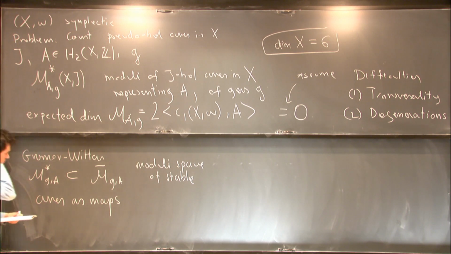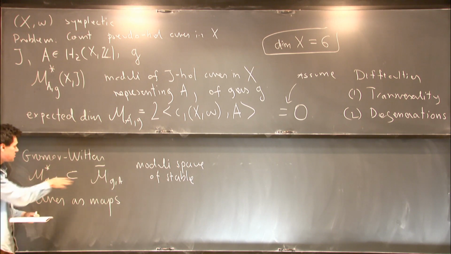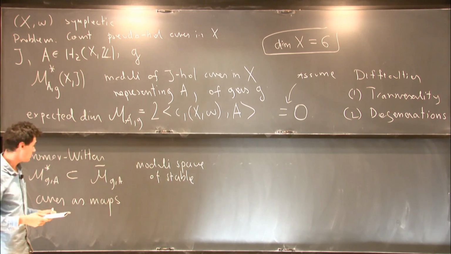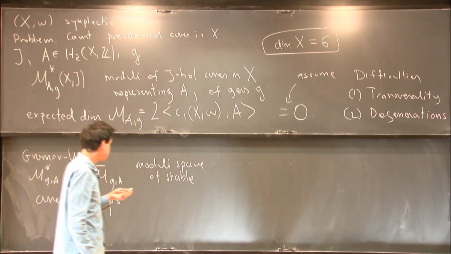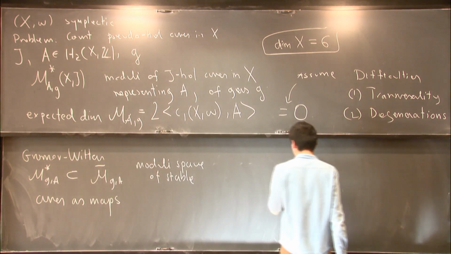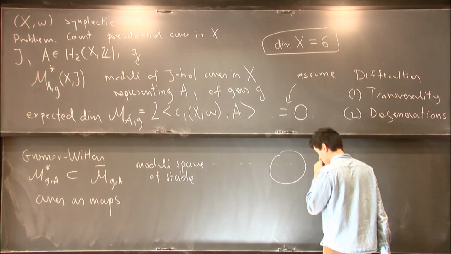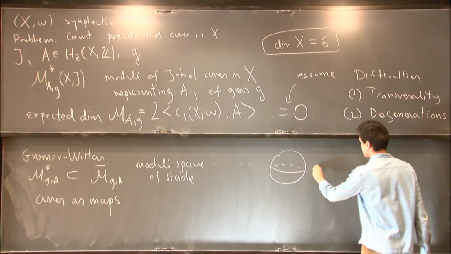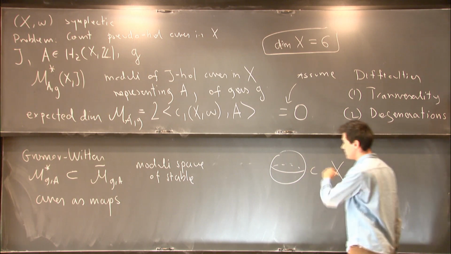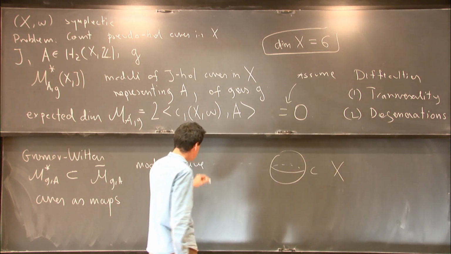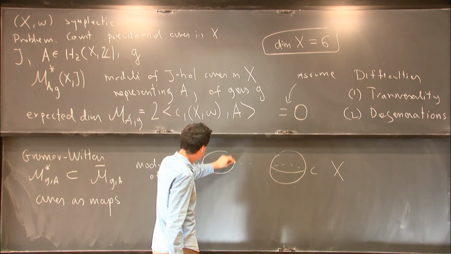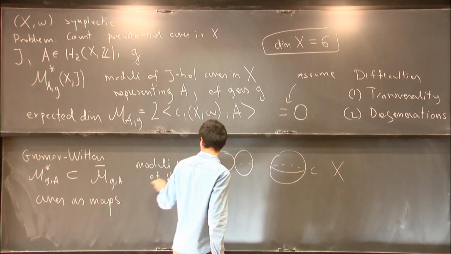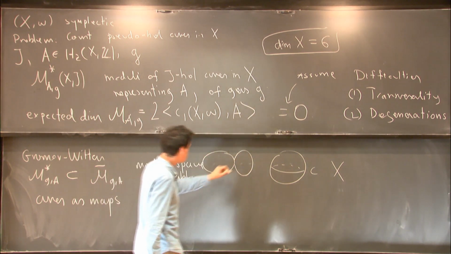And in particular, since you now consider your curves as maps, you have to allow certain pathological objects in this moduli space. So what I mean by pathological, I mean something that doesn't really have much geometric meaning. For example, you can imagine that you have a single genus 0 curve inside your X, a nice embedded curve, and you can always consider a map which is an element of your moduli space of stable maps.